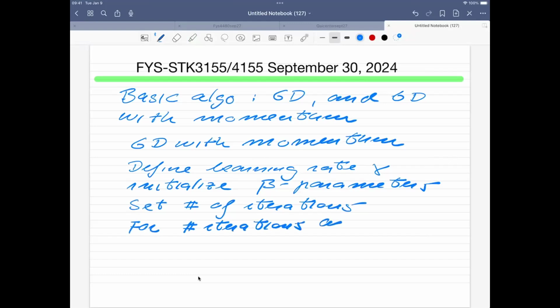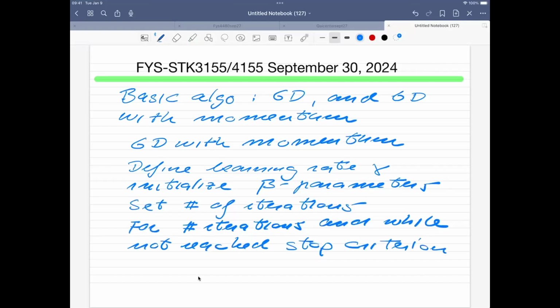And while we have not reached a stopping criterion, what we would do, when we do this with so-called gradient descent with momentum, and I also forgot to set the parameter delta, which is now a parameter between 0 and 1.